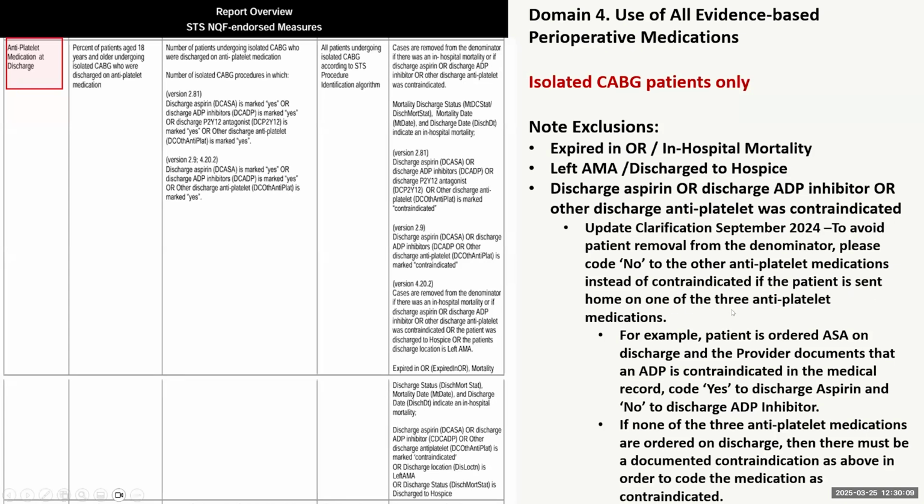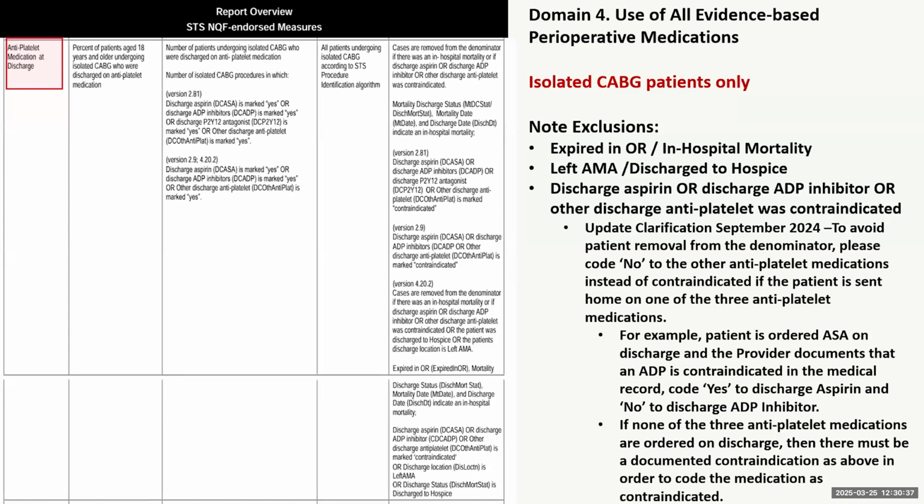So they only have to go home on one. So for example, your patient is ordered aspirin on discharge and the provider documents that the ADP is contraindicated in the medical record. Code yes to aspirin and no to ADP. Because if you code contraindicated ADP, the patient will be excluded from the measure.